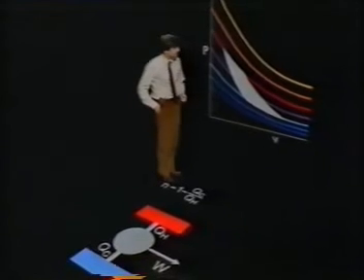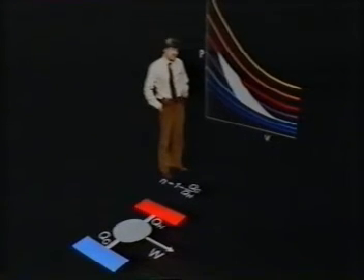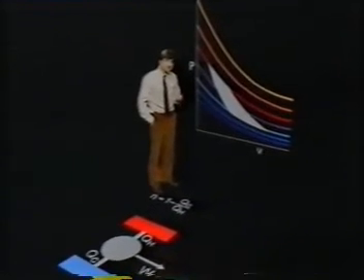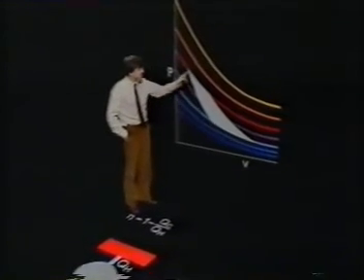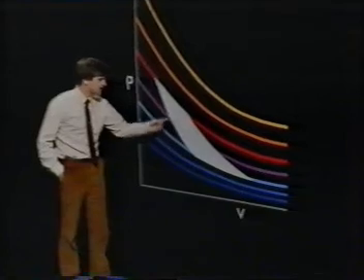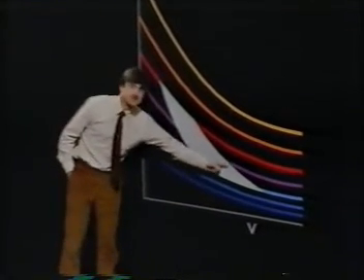Well, let's return to the property diagram for the Carnot cycle. One of the things that's special about the Carnot cycle is that these heat transfers occur only during the isothermal stages. There is no heat transfer during the adiabatic stages, by definition.